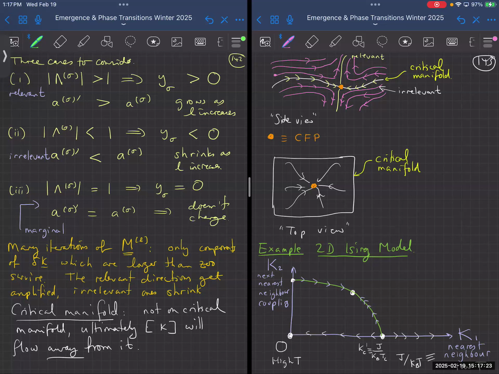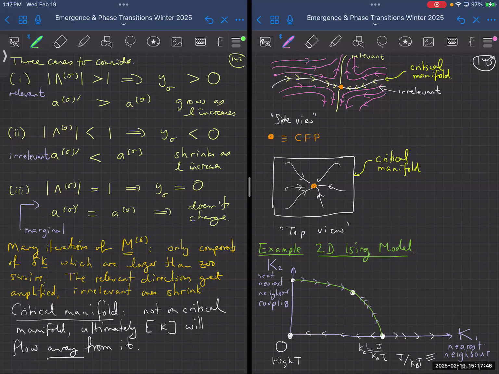Okay, if I've got one relevant direction, it means I have to tune some variable to have a coefficient of 0 in my starting coupling constant vector in order that I flow into the critical fixed point. If I've got 2 relevant directions, then I have to adjust 2 things in the lab, say temperature and external magnetic field.